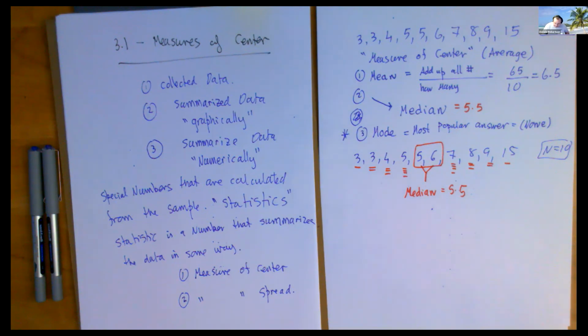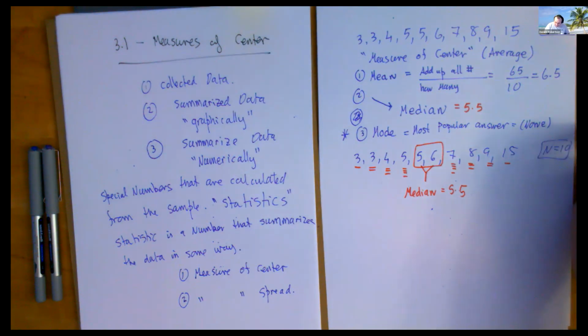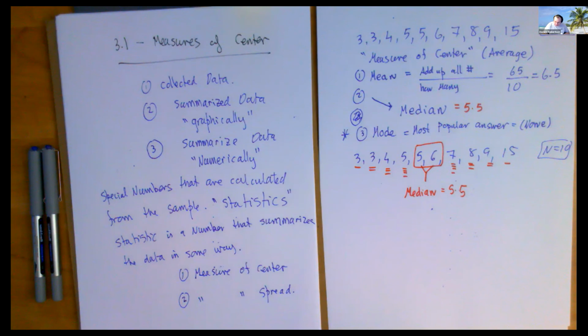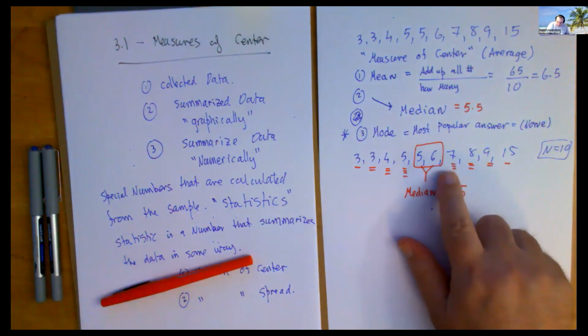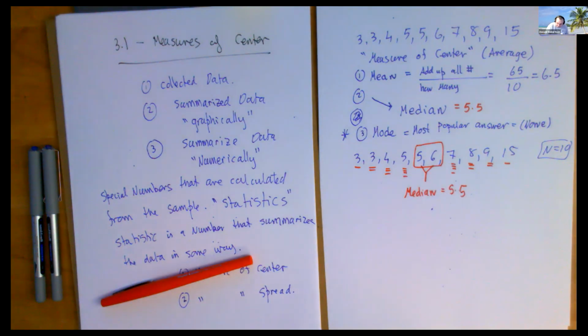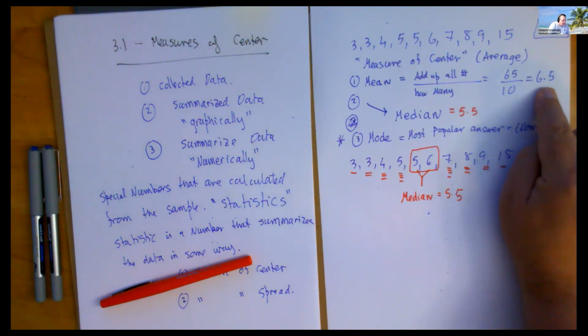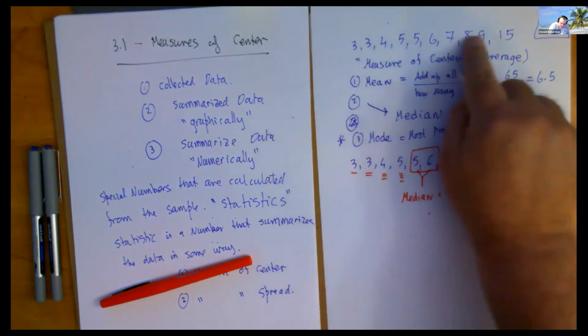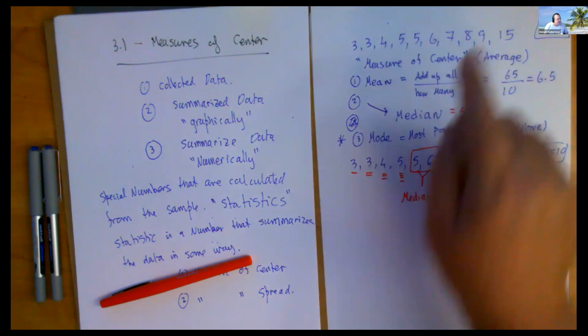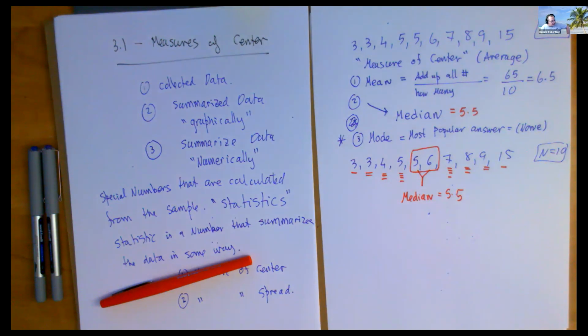Right. Now, let's talk a little bit more about the values of some of these, and then I'm going to go back to the mode. If we have time, we might. Have you noticed that when you calculate the mean, the answer you get, in this case 6.5, isn't even one of the numbers in your data set? That's typical.